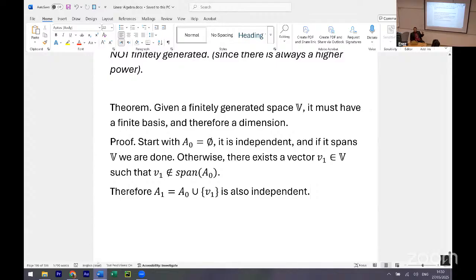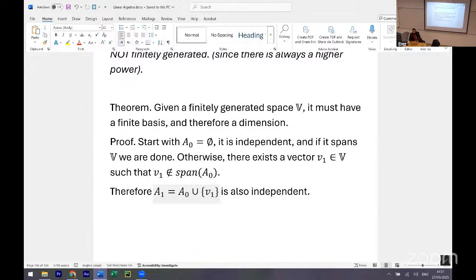Why? Because if it was dependent, it means that the new vector we just added is a linear combination of the other vectors. It's all about the proposition I proposed to Sammy before. We can always come back to that idea. If we are adding a vector and it becomes dependent, it means that we already created it beforehand. And if we cannot create that, it means that adding it keeps things independent.